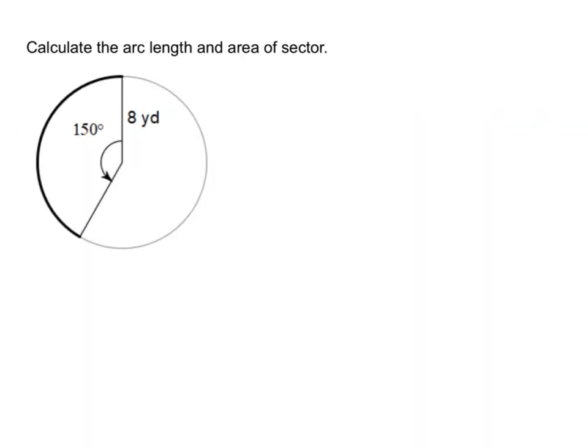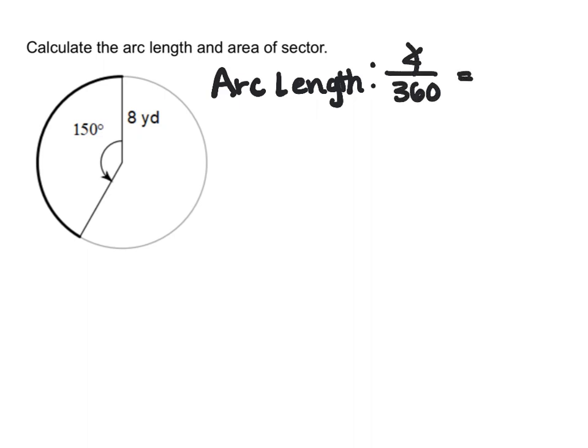So in this example, it asks us to find the arc length and area of the sector. So first, for arc length, we know that the formula is the angle over 360 equals the arc length over the circumference.